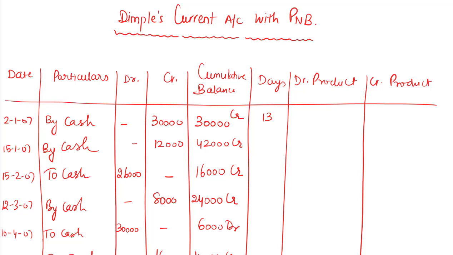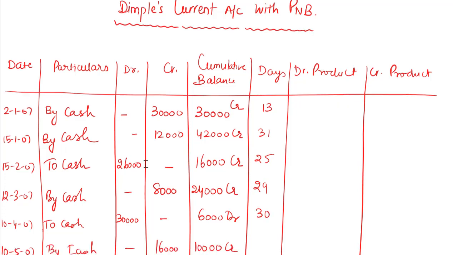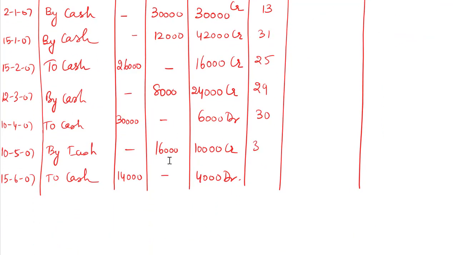Likewise, 42,000 is the balance kept in the bank from 15 January 2007 to 15 February 2007, which is 31 days. Over here it is 25 days, 29 days, 30 days, 36 days and 15 days.